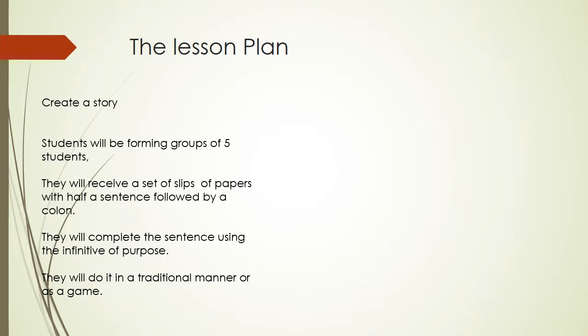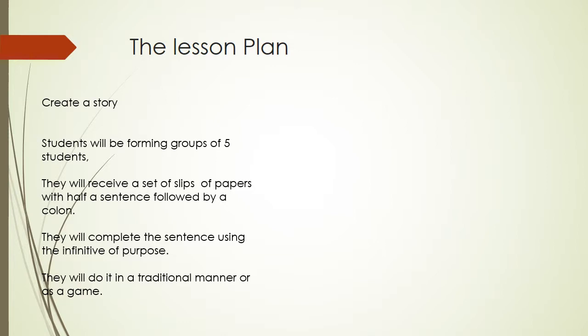Number one, I'll be forming groups, groups of five, and each group is going to receive a set of slips of paper, and each slip of paper has a sentence that is followed by a colon, and then what they have to do is complete the sentence using the infinitive of purpose. Okay, and they have different forms to do this activity. They can do it the traditional manner or as a game. I'm going to explain that.